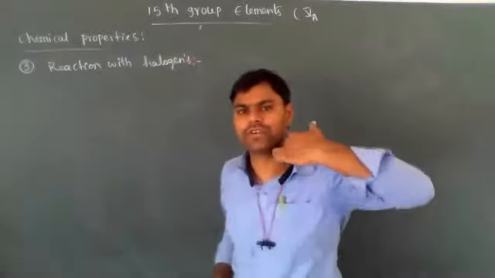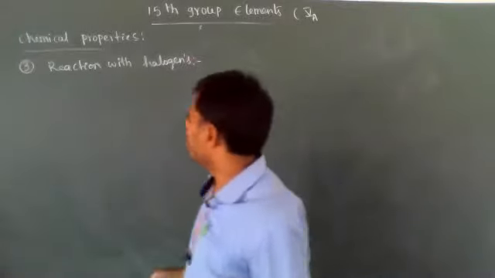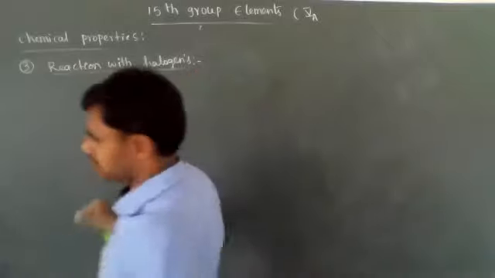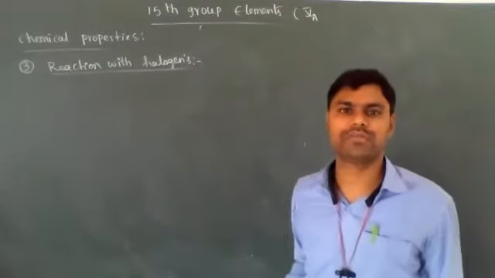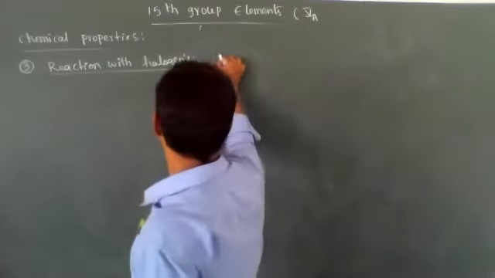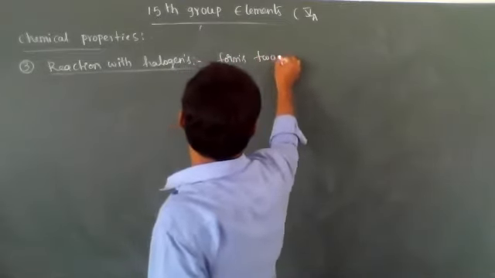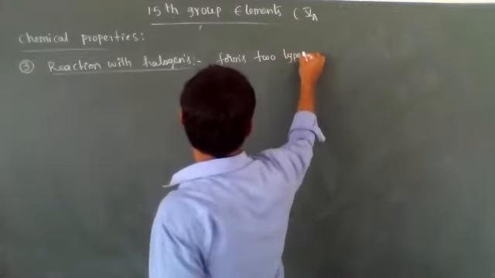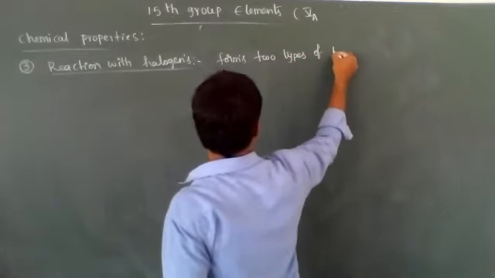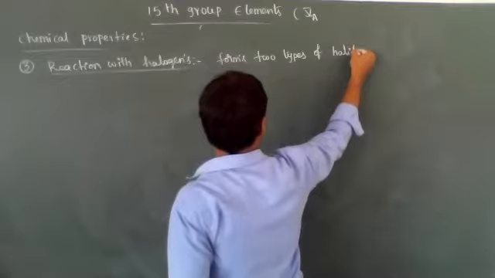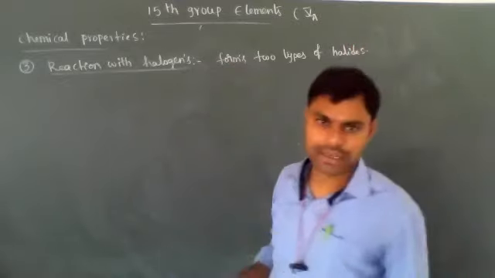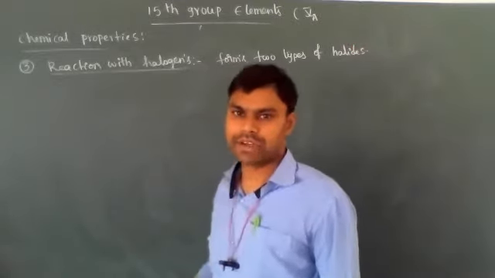What are the halogens? Fluorine, chlorine, bromine, and iodine. When they combine with halogens, they form two types of halides. What are those two types?